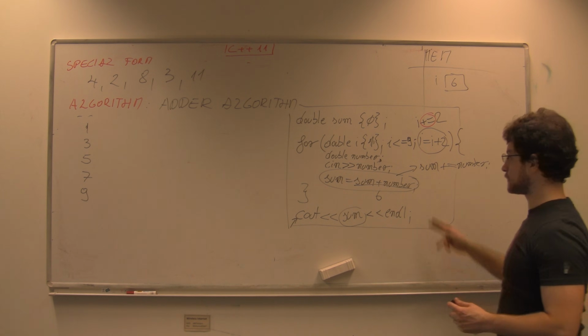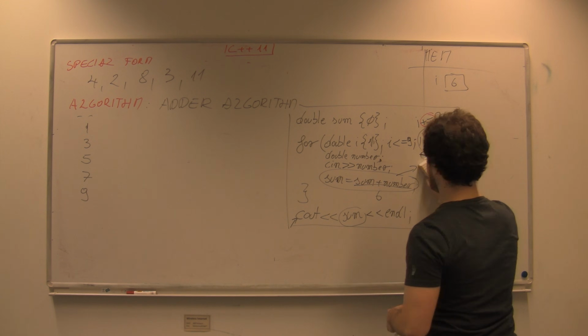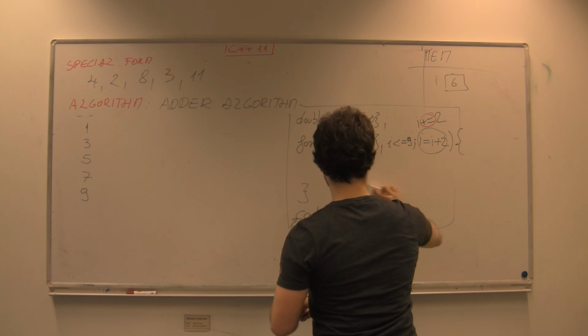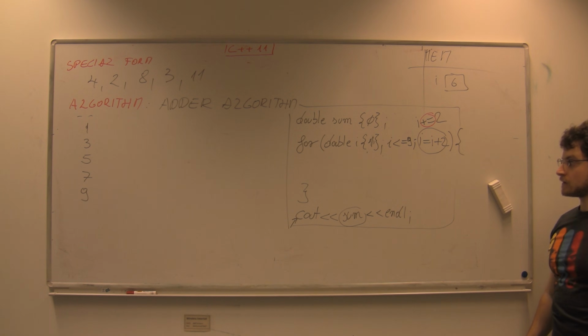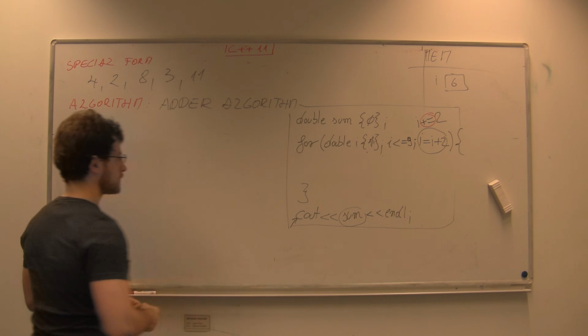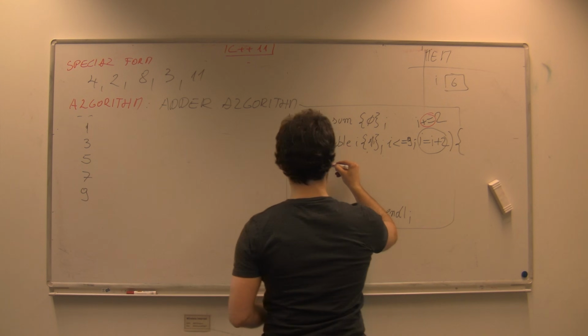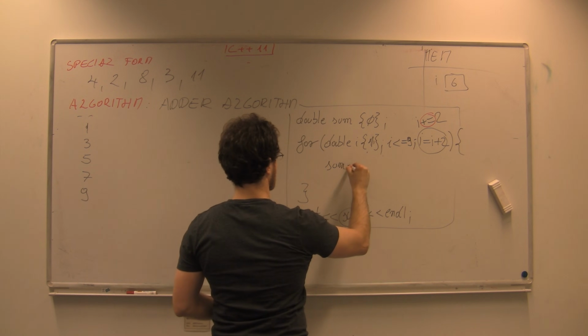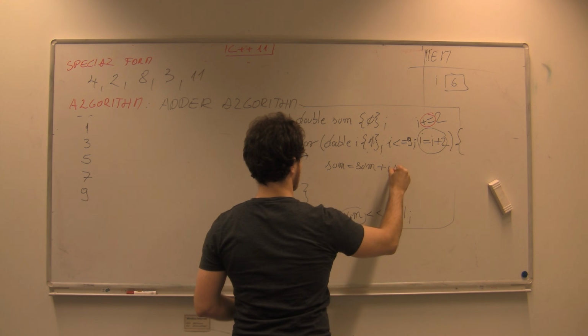So let's return to our for loop here. We've just expressed the way to generate the sequence of odd numbers. The remaining thing to do is to compute their sum. So what I can do is just say sum equal to sum plus i.